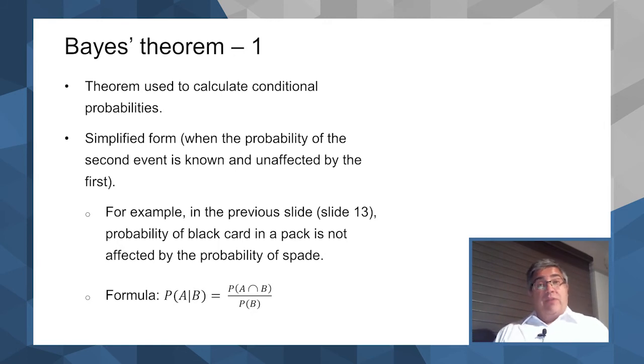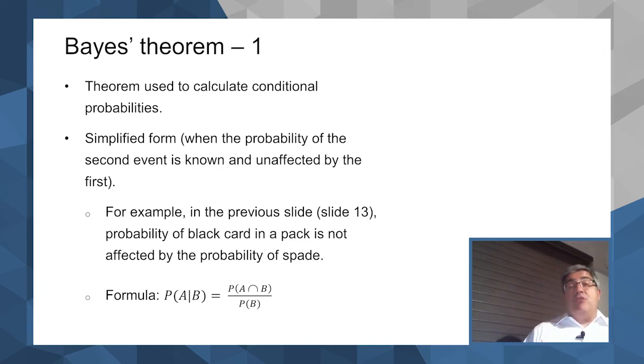A quarter of the cards are both spades and black. So to calculate the conditional probability of what is the probability of taking a spade given my card is black is just 1/4 over half, which is half, as we saw in the previous slide. So that is Bayes' theorem, probability of A and B given probability of B.